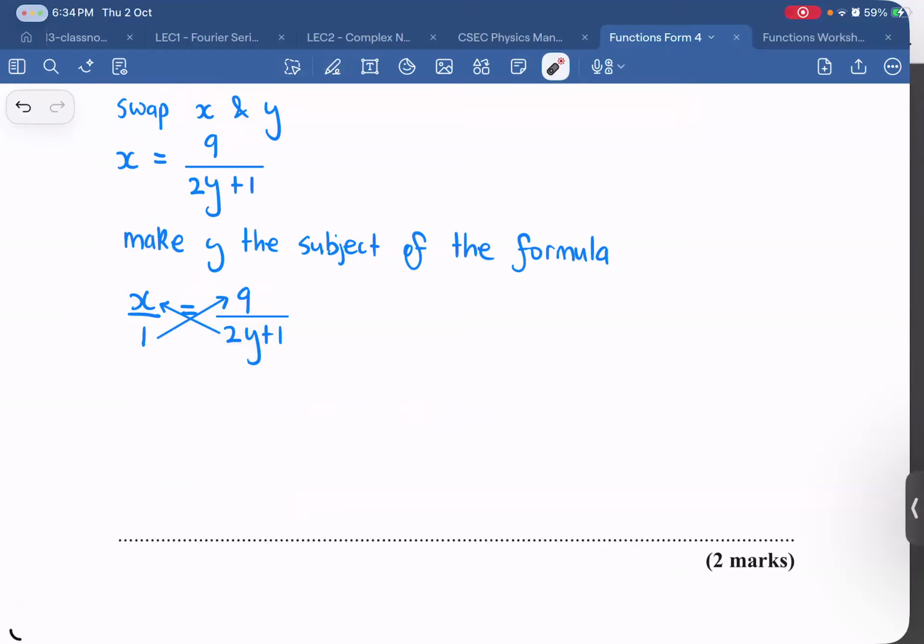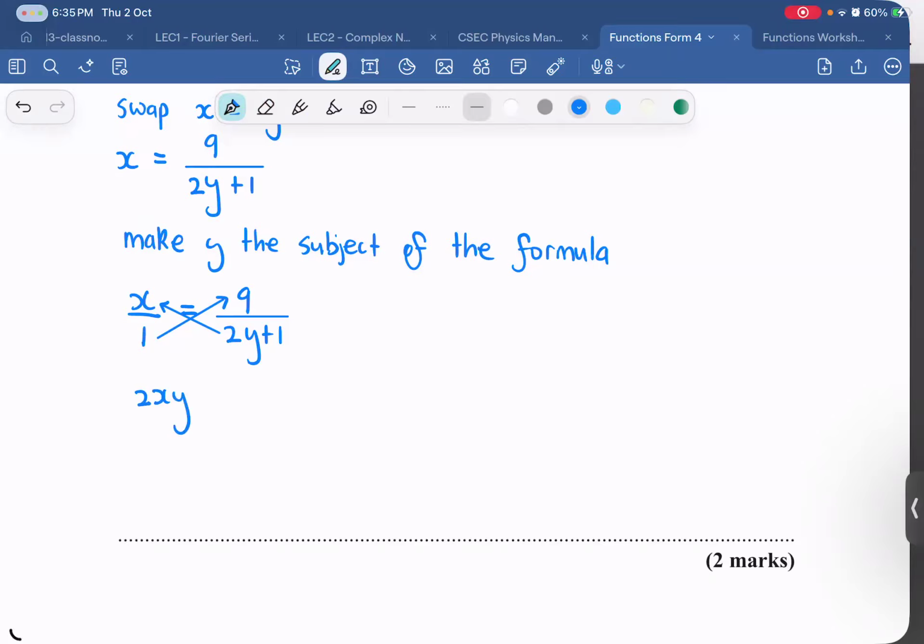So if you multiply 2y by x, what are you going to end up with? 2xy. That's correct. That's indeed correct.